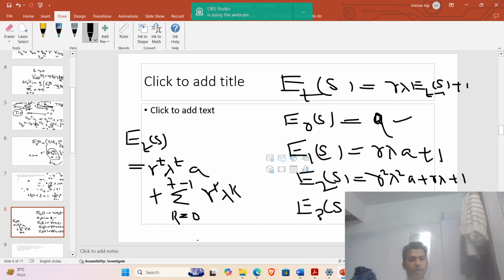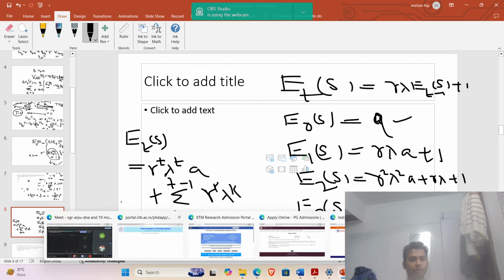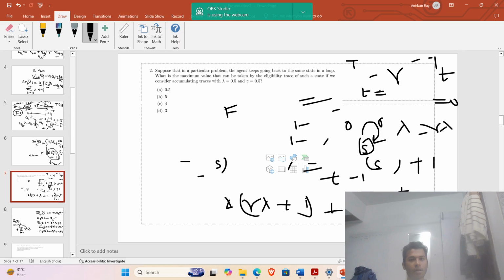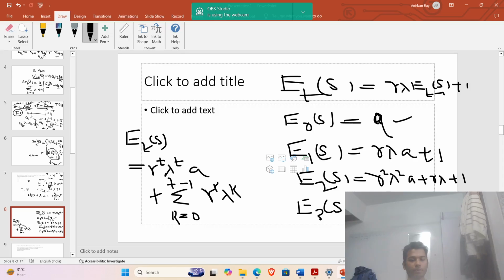Now what you're given here is lambda equals 0.5 and gamma equals 0.5, so let's put that in. Insert another slide here.